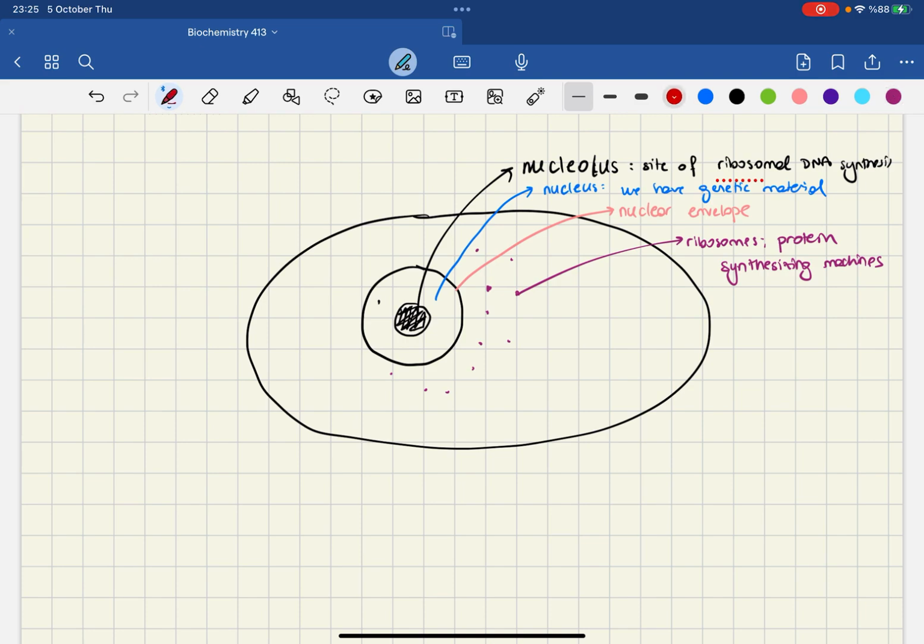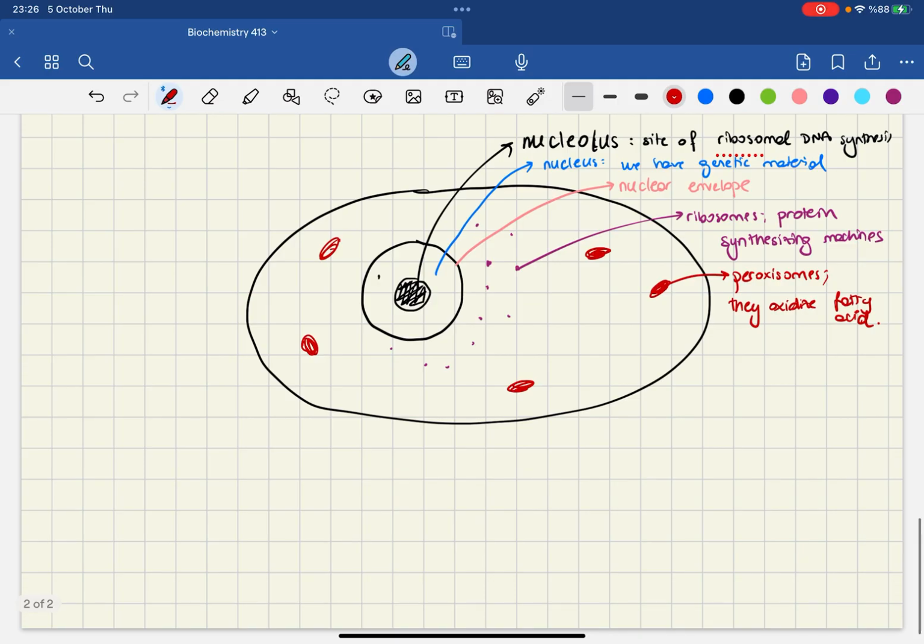And then we have other organelles, a little bigger, throughout the cell. And these ones are called peroxisomes. What do these organelles do? They oxidize fatty acids. We will come to what fatty acids are throughout these lectures.